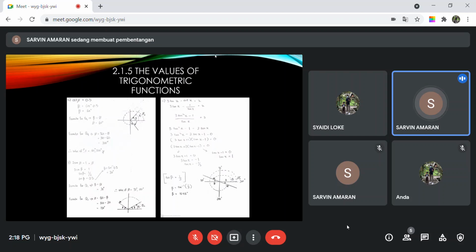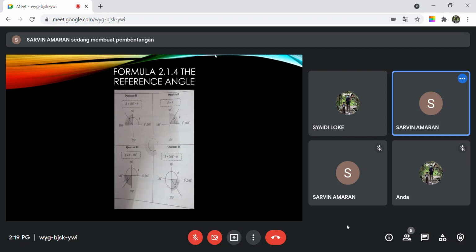So the title is 2.1.5, the values of the trigonometric function. To solve these questions, you just need two things. Just like what Shaidi explained, the formula, which is 2.1.4, the reference angle. So you need this formula.